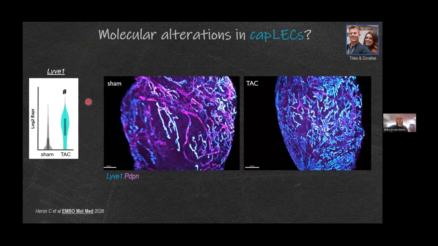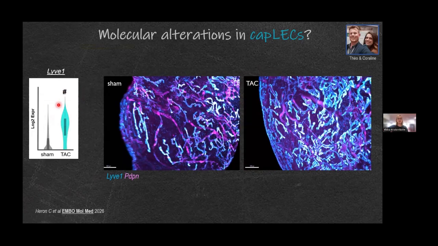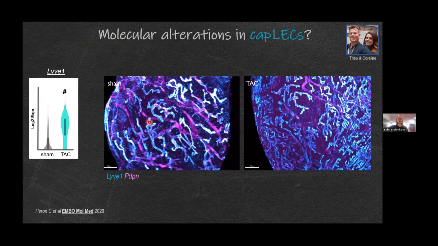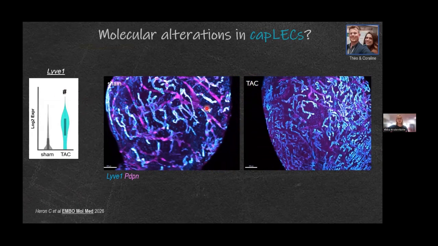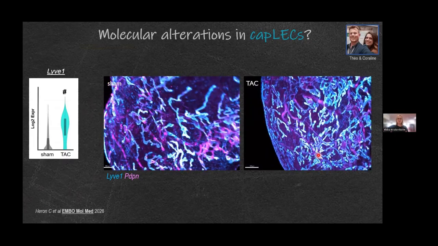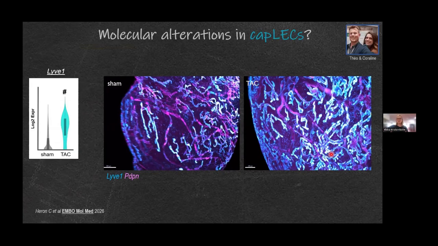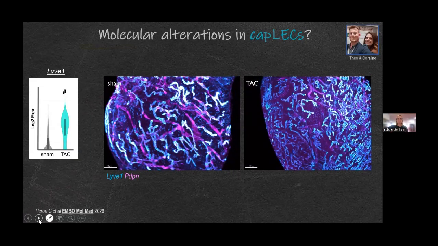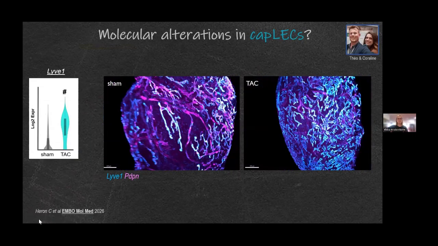Similarly, we also saw an upregulation of this adhesion molecule that enables the immune cells to interact with lymphatics, increased at the gene level and also at the protein level. It's here in blue. So really no reason for the immune cells to ignore lymphatics. They should be pretty visible and pretty attractive, and still inflammation is chronic in this model.